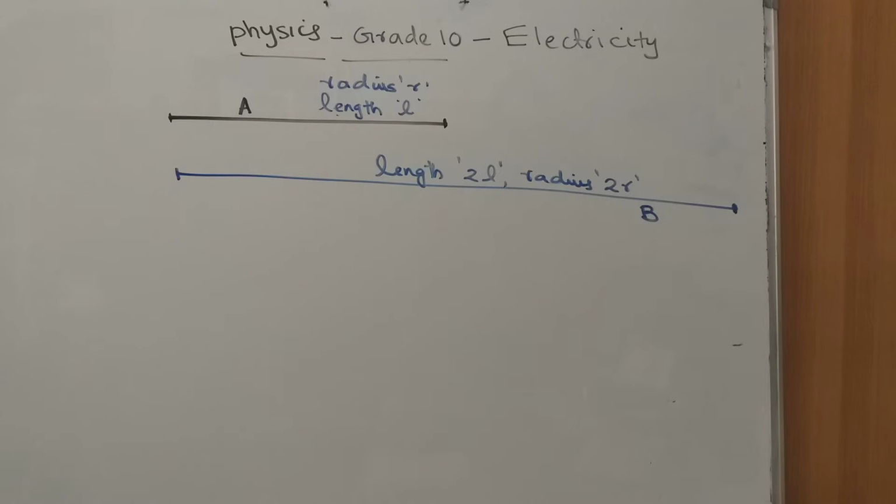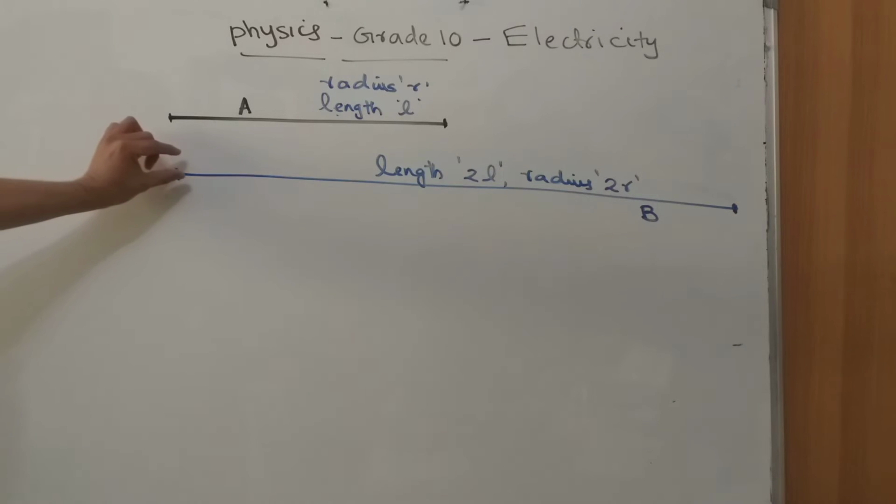Let us try to visualize this particular problem. Then we will have something like this. We have a wire A whose length is L and radius R, and we have wire B whose length is 2L and radius is 2R.